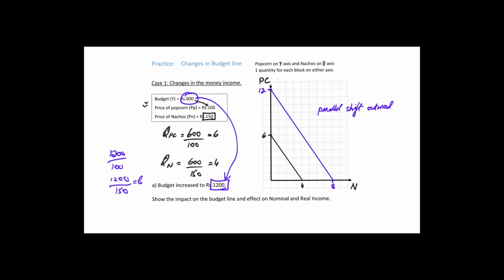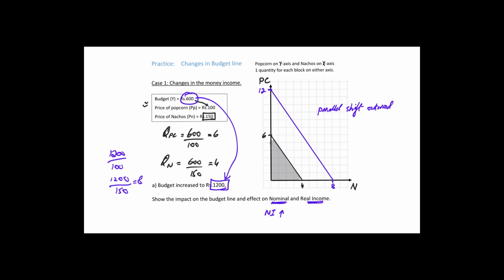The question really is, what happens to my real and nominal income? Nominal is monetary. So we have to look at 600 rupees earlier, now 1200 rupees. Did the money increase? Yes, so nominal income went up. Then you look at real. For real, you're going to use the area.